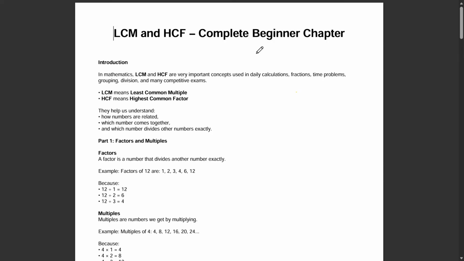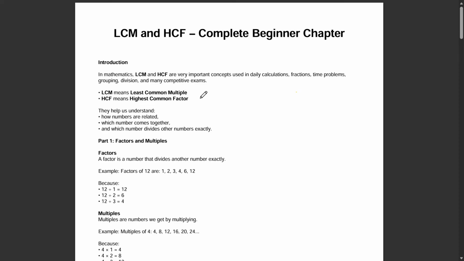So, what is LCM? In mathematics, LCM and HCF are very important concepts that are used in daily calculations, fractions, time problems, grouping, division, and many competitive exams.